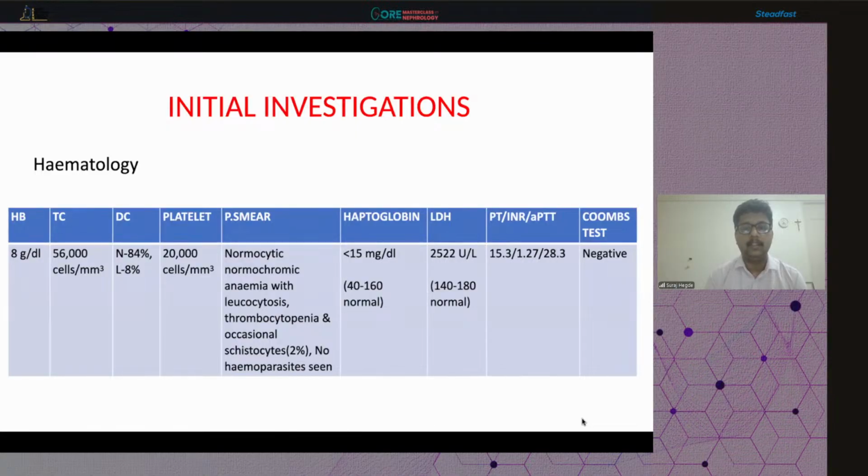Peripheral smear showed normocytic normochromic anemia with leukocytosis, thrombocytopenia, and schistocytes of 2%. No hemoparasites were seen. Haptoglobin levels were reduced, less than 15 milligram per deciliter. LDH was significantly elevated, 2,522 units per liter. PT-INR and APTT were within the normal range, and the Coombs test was negative.